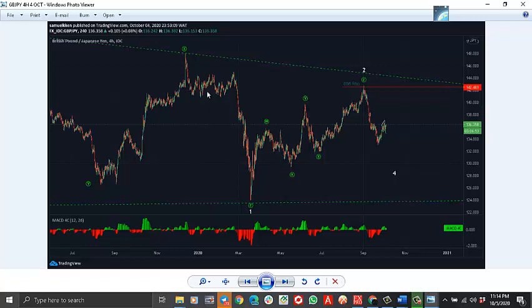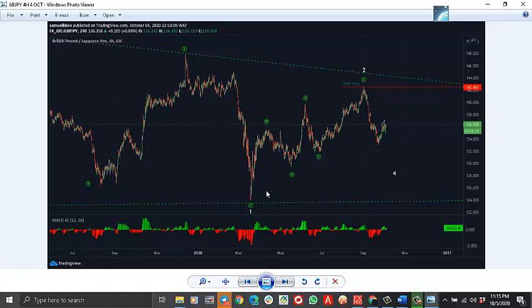For instance, this is wave 1. This is A, B, C, D, E, or W, X, Y, X, Z, or W, X, Y. This is wave 2. And this is the only wave we see. It's typical of wave 3. In a normal Elliott wave analysis, wave 4 might end here and there. We will have wave 3, wave 5.